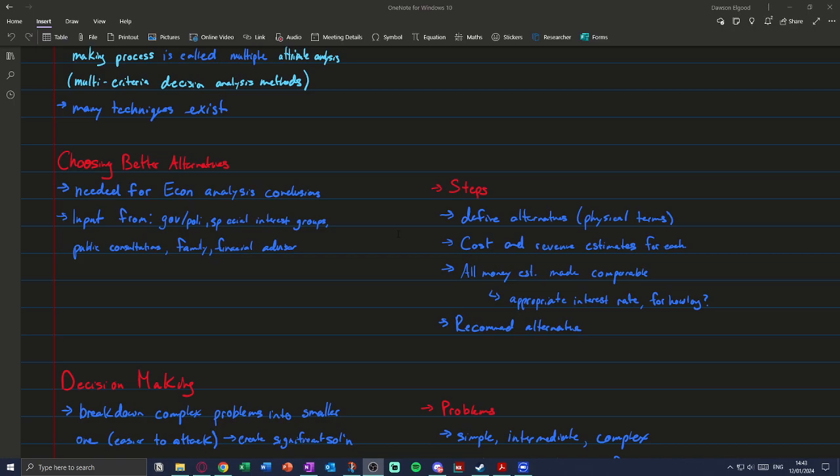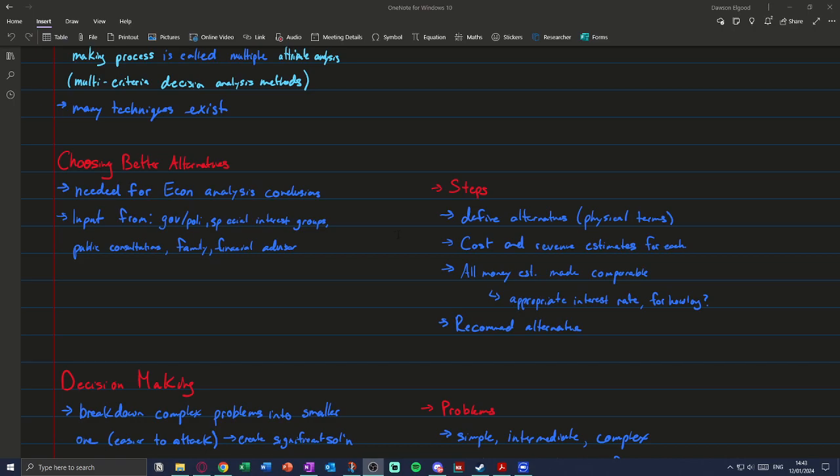Like I said earlier, it's not always going to be that clear on being comparable with the different outputs. So put them on a level playing field. What's the appropriate interest rate, and for how long you're going to be doing it, and then you recommend that alternative, for the people who are deciding it, so that it best fits their criteria.